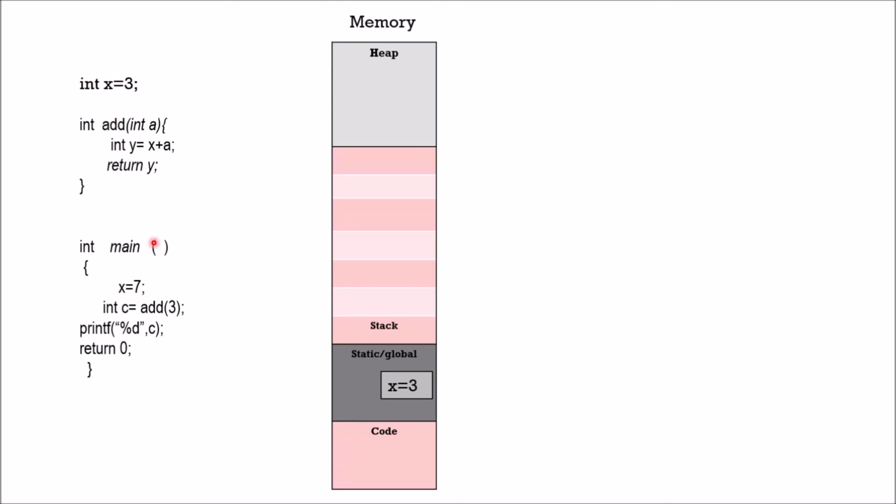We created the global variable, then straight ahead to main function, and now we change the value of x to 7. Let's see, main started executing here in this temporary memory, storing memory, and it changed to 7 because main says so here.